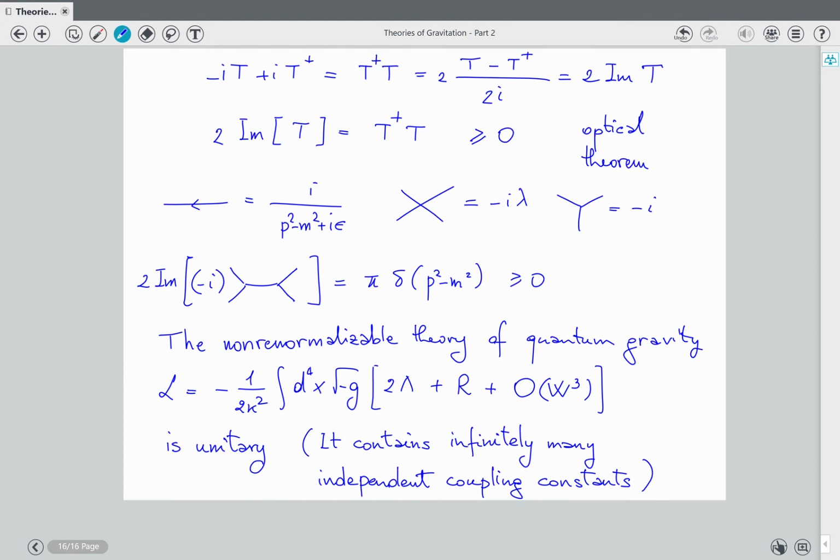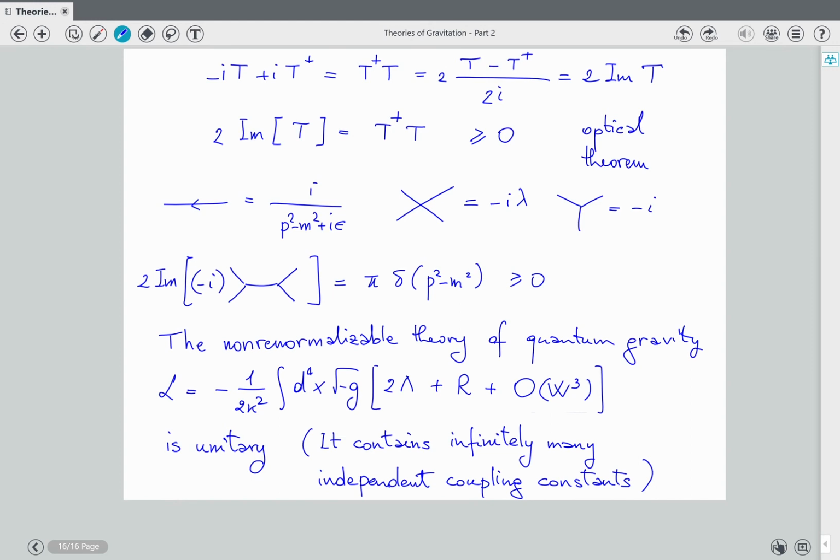Should that be a problem? Not necessarily, not at low energies, because at low energies the two important things are the ones that have the lowest dimension. The other infinitely many couplings become important at high energies, and they may never be important for us. So one could be happy with this theory for billions of years, probably.